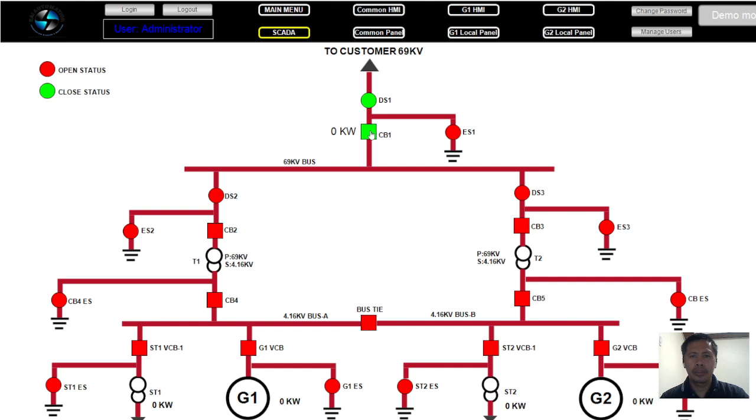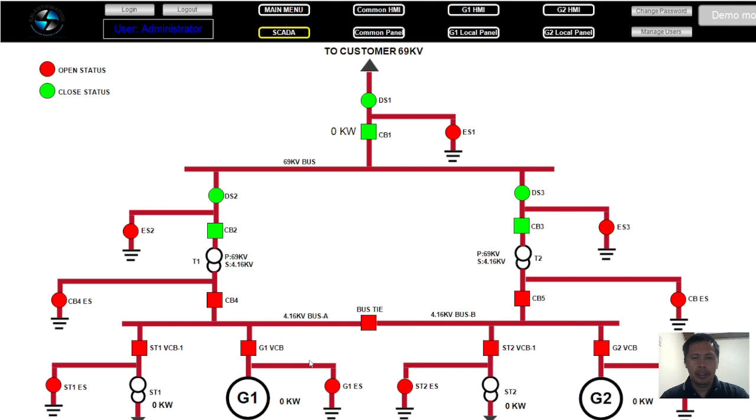Okay, close. We will close this. We will close this too. We will close also the transformer too. To close this, we will close the S3 and the CB3. So now this portion is live, until this point.